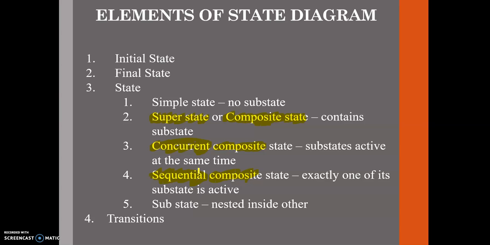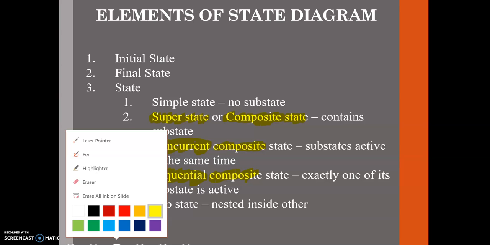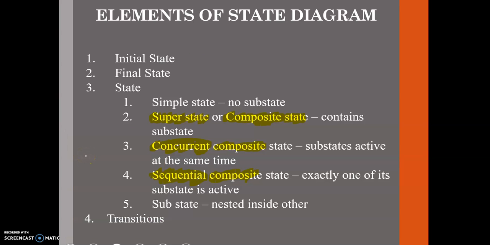What does it mean? It means that any composite state has multiple states. For example, here we have an object.